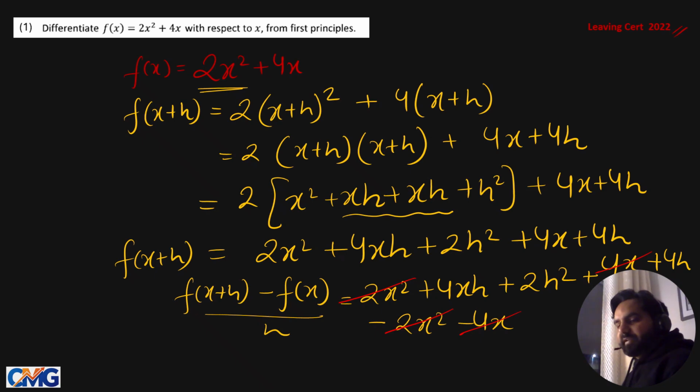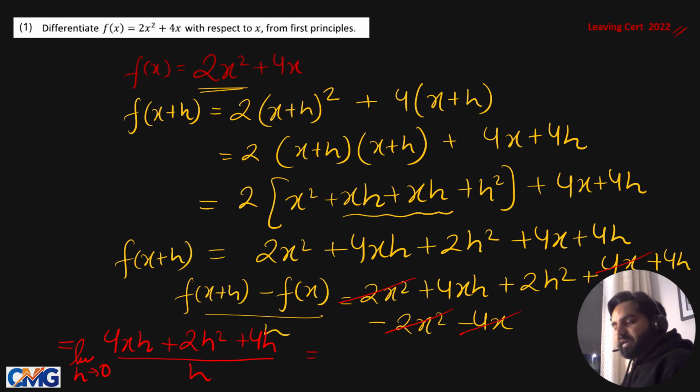So what you are getting finally is 4xh plus 2h square plus 4h divided by h. Obviously we have limits, h tends to 0. Now you should divide by h. What you'll get? 4x plus 2h plus 4.